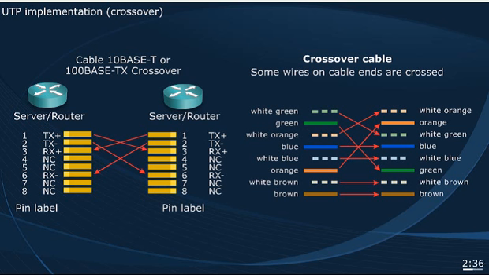But Raymond, I don't see that straight through action anymore when we're looking at the communication flow that would happen in a crossover cable. Well, Dan, if we think about that PC to PC scenario, if we used that straight through cable, notice pin 1 would go to pin 1. That would be transmit to transmit.